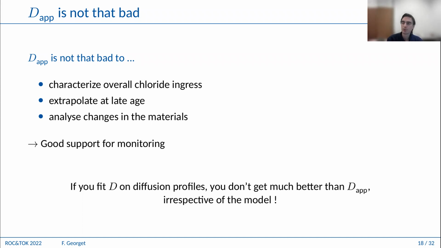So even if you think you're fitting the true effective diffusion coefficient and diffusion profile, you never get much better than this apparent diffusion coefficient, irrespective of the model that you use, because there are many parts of the models, for example, the chloride binding, that are very uncertain also.